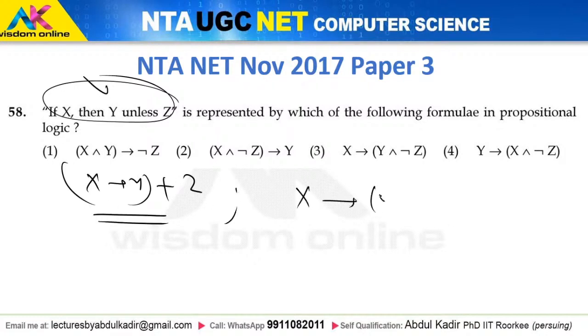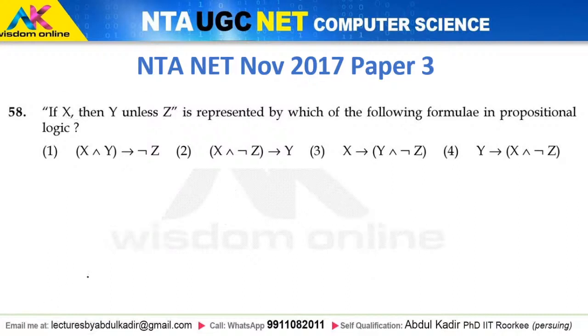Because English is ambiguous, you can have this, or maybe you can have this. But the thing is, it has become a standard that most of the time this unless is used with a conditional statement.